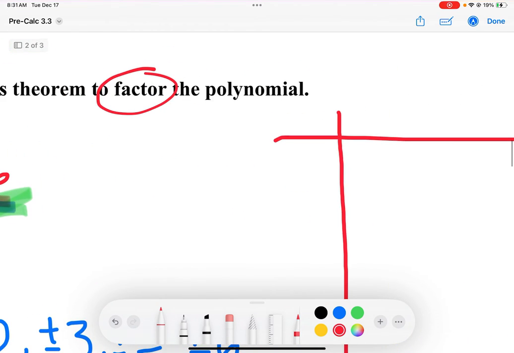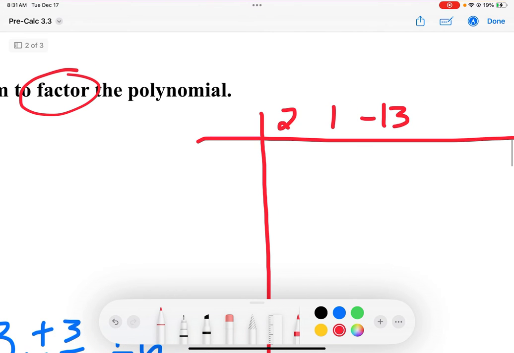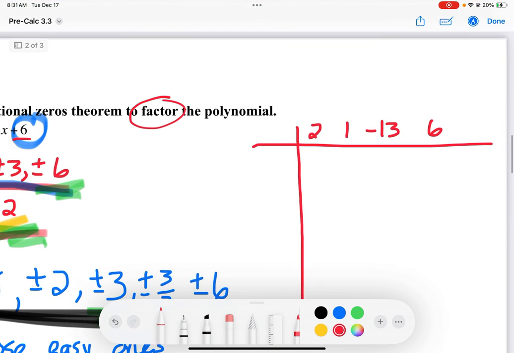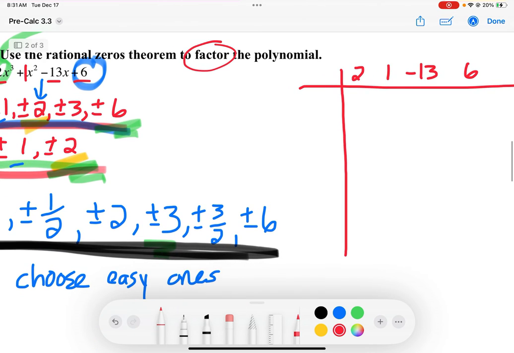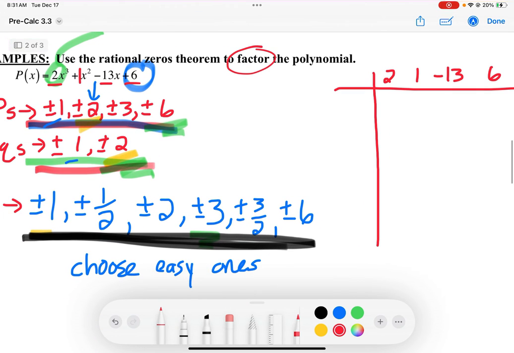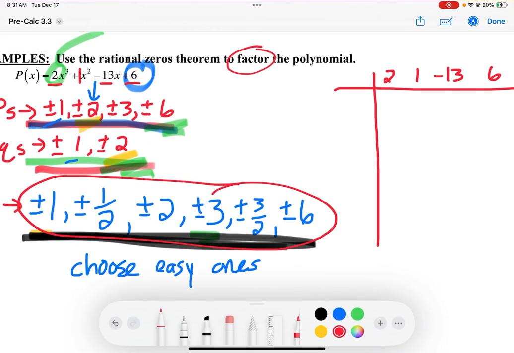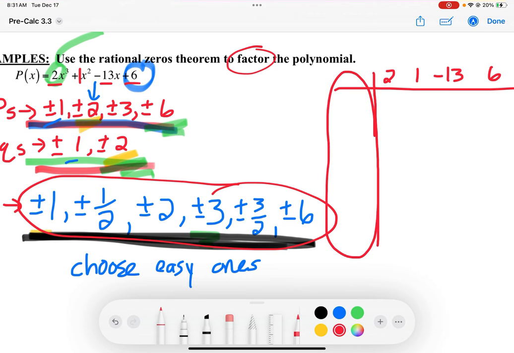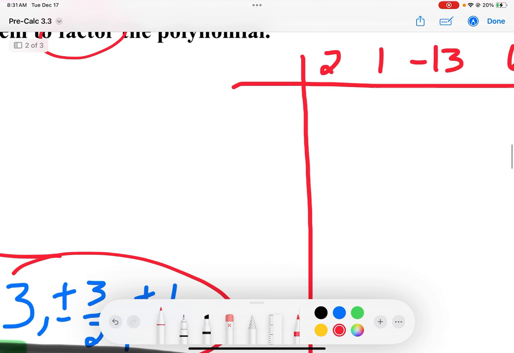So we're going to put 2, 1, -13, and 6 above the line. And then all of these possible rational zeros that we want to test, we're going to put on the left. And again, we're going to start with the easy ones. So I'm going to start with 1 and -1.